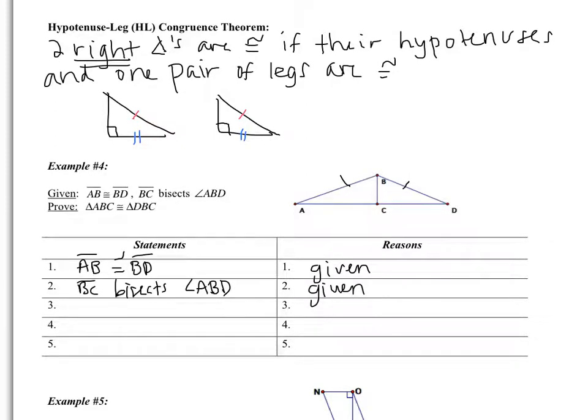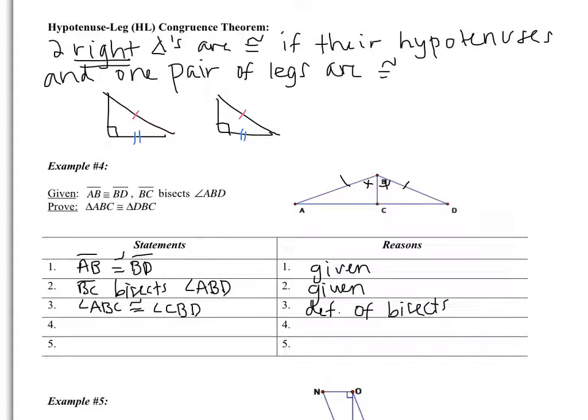Bisect means to cut an object into two congruent parts. So if angle ABD is bisected, these two little angles are going to be congruent. Angle ABC is going to be congruent to angle CBD. That's just the definition of bisect: a bisect cuts an object into two congruent parts.